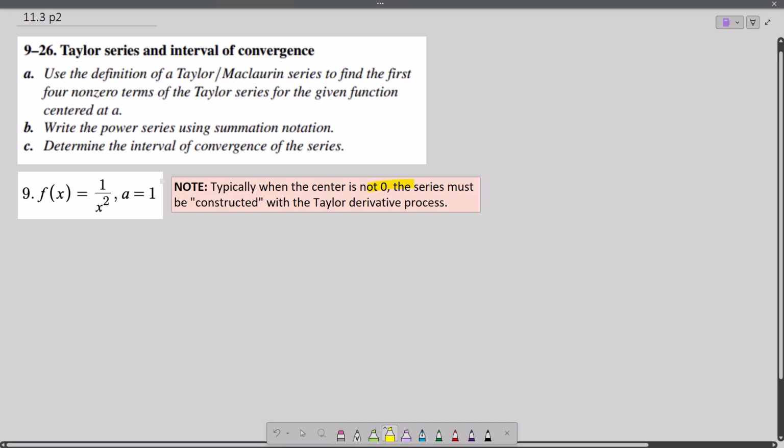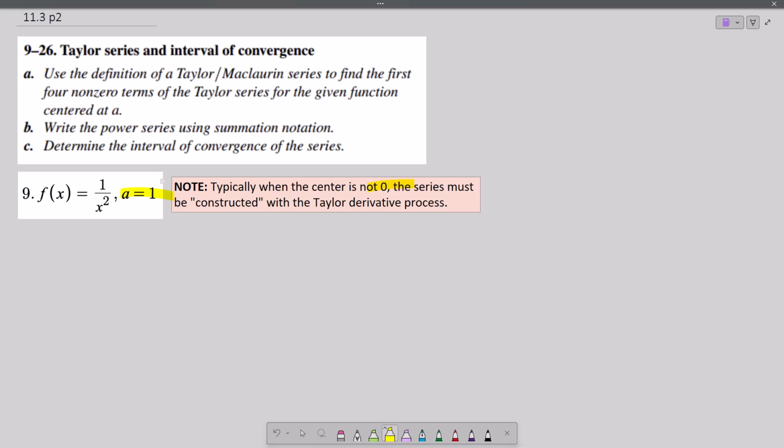If the center is not 0, we don't have an index of series that are not centered at the origin. We have one series in that list that was centered at 1. But 90% of the series that we just sort of casually know are Maclaurin series. They're centered at the origin.